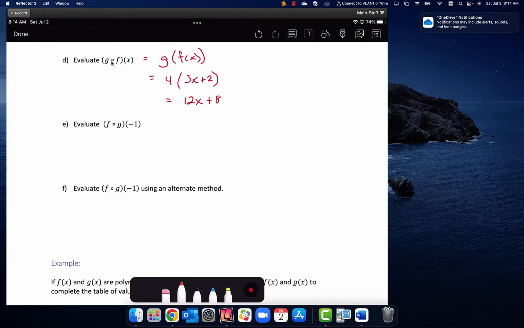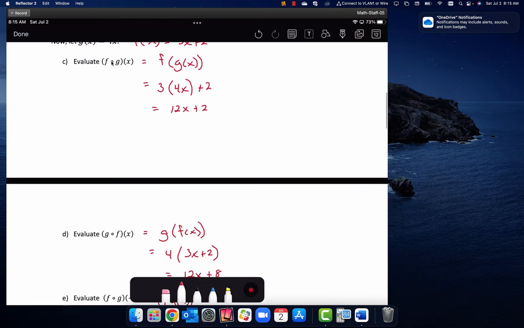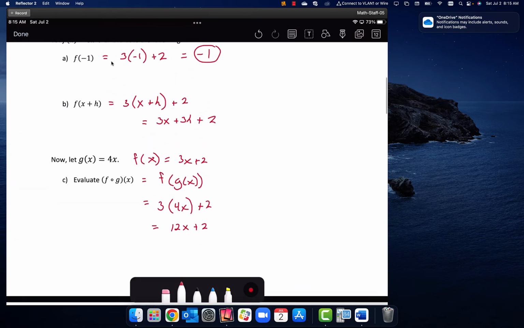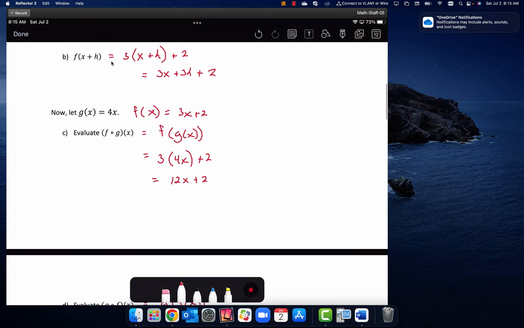If we want to evaluate f of g of -1, there's a couple different ways to do it. One thing we could do first is evaluate g of -1. We know that g of -1 is 4 times -1, because again, g is 4x from earlier.